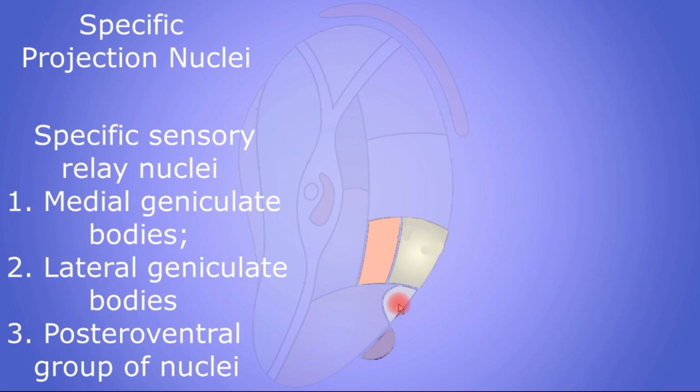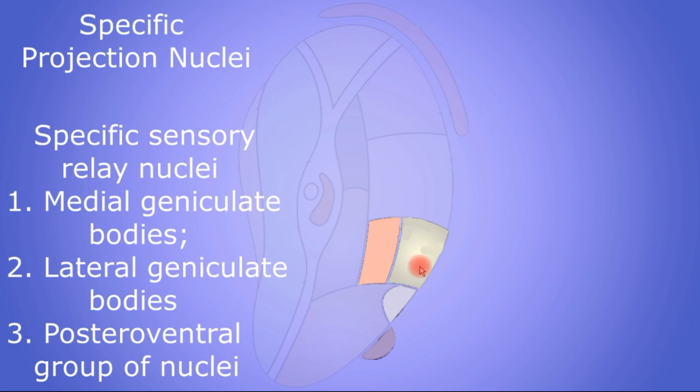Then comes the lateral geniculate body. As you can see here, the lateral geniculate body receives visual signals from the retina, and it sends the signal to the visual cortex, areas number 17, 18, 19.